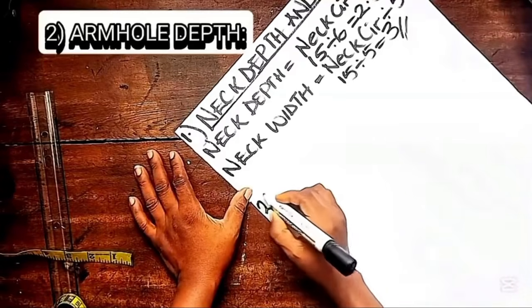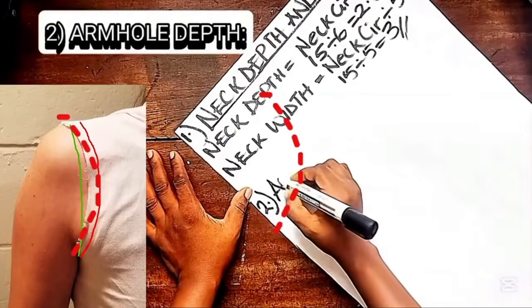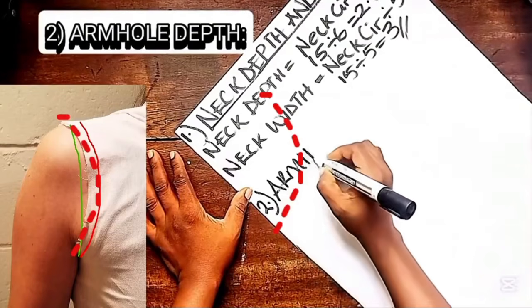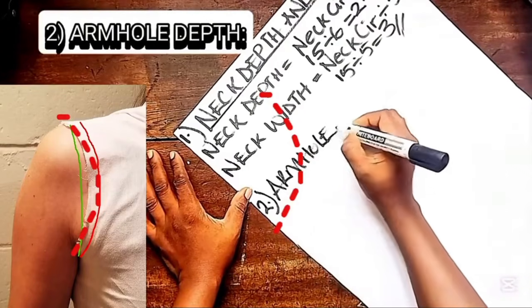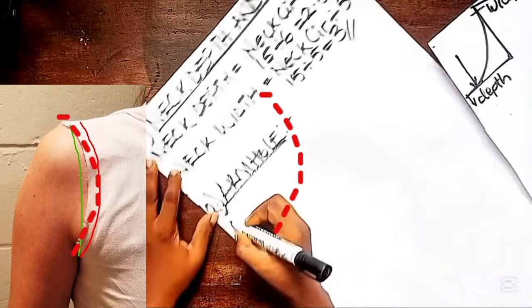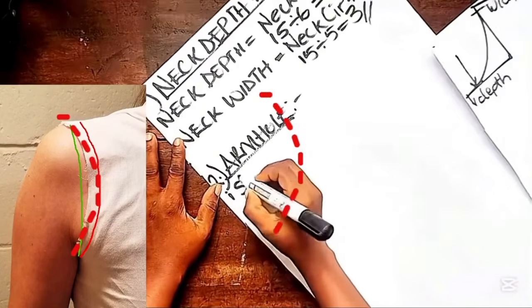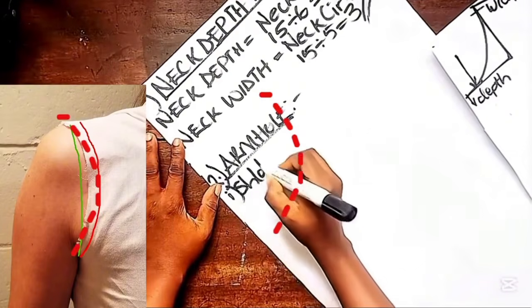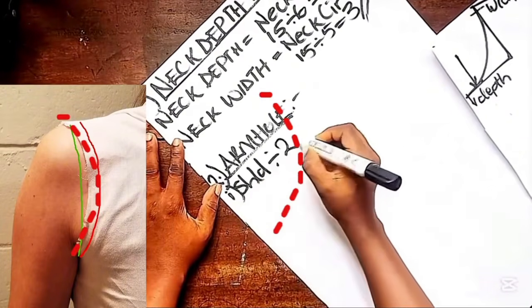Basically, this is the video that brought about the question, where I showed you how to calculate your armhole for a perfect fit. I gave 2 formulas. In the first formula, you use the shoulder measurement divided by 2, and that will give you your armhole length.